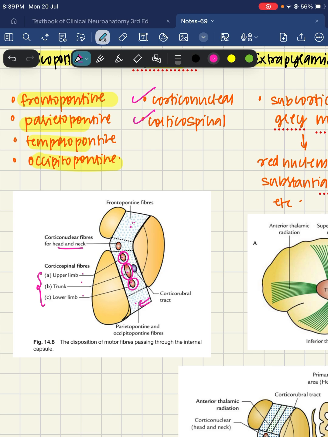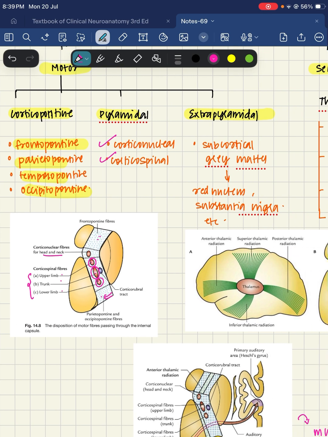Other than these two fibers of the motor system which control the voluntary movements, there are other fibers which will control the involuntary movements. Those are the extrapyramidal fibers. You know about the basal ganglia, and you might have drawn in the cross section of the brainstem the red nucleus, the substantia nigra, corpus striatum, all those structures.